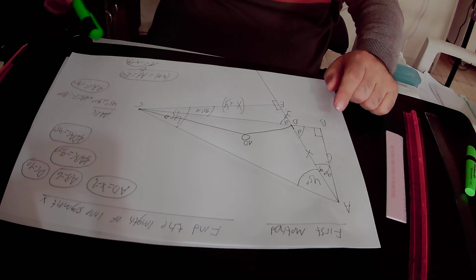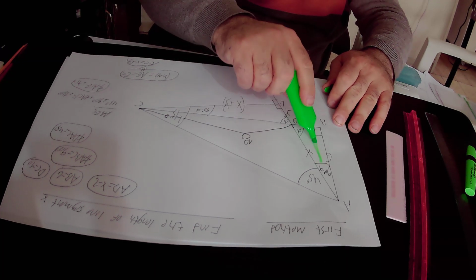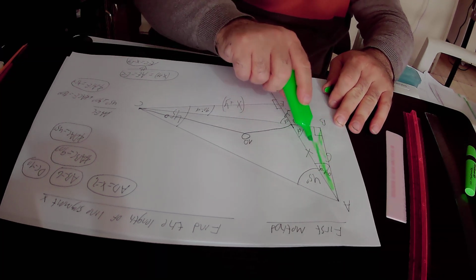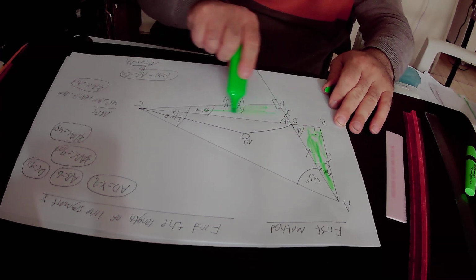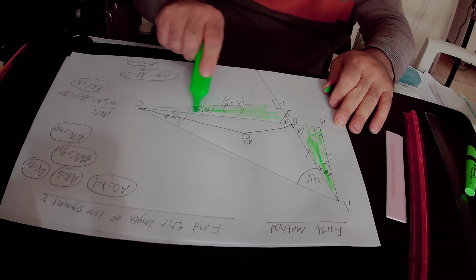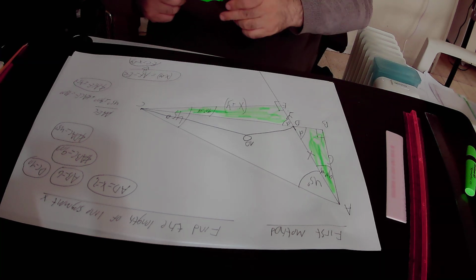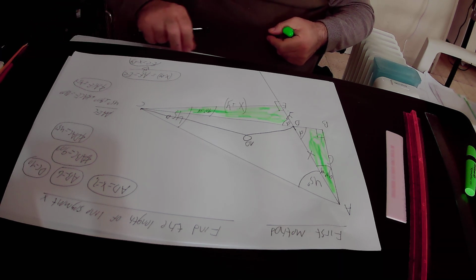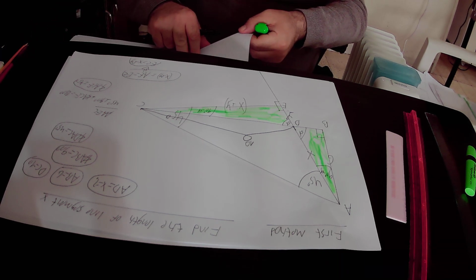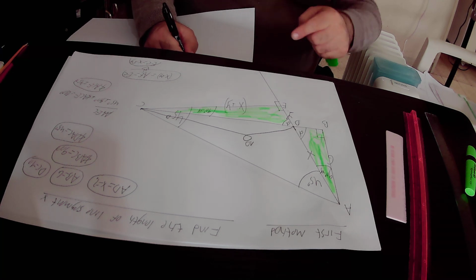So we actually proved that the right triangle ABD is similar to the right triangle EDC, according to the angle similarity rule. So I will write it down. We have the right triangle ABD, the right green triangle, and the right green triangle EDC.